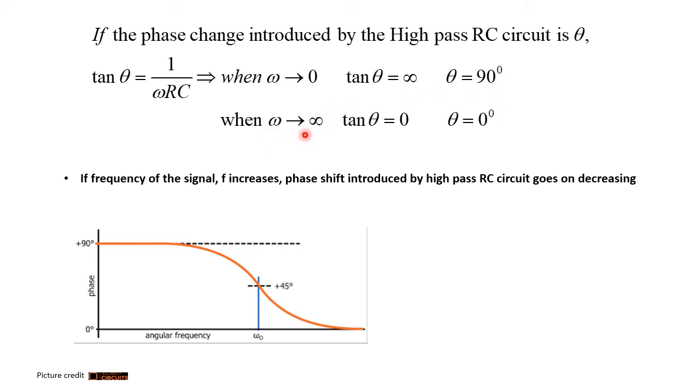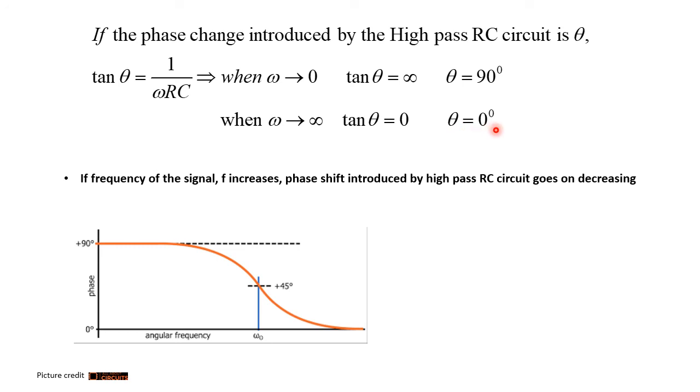And when the angular frequency is tending towards infinity, tan theta is equal to 0, so the phase difference introduced by the high pass RC circuit is 0 degrees, that is, the input and the output signal are in the same phase.